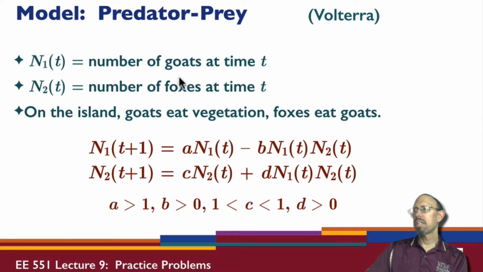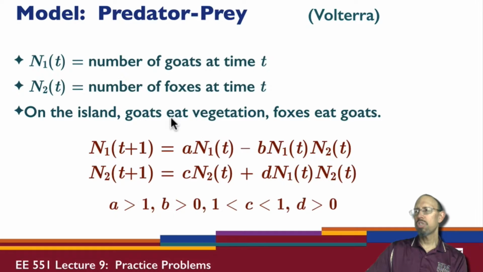I can have other equations that come from various other relationships. For example, we have what's called the Volterra predator-prey model, where you have an island with goats and foxes on it. N1 is the number of goats at time t, N2 is the number of foxes at time t.